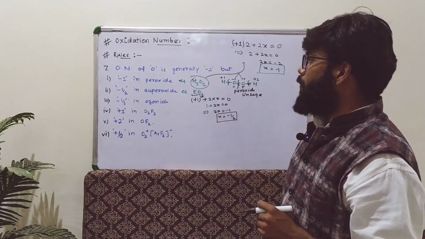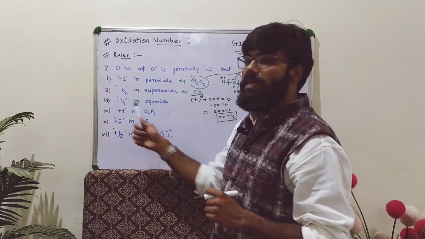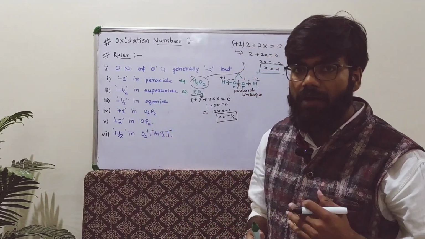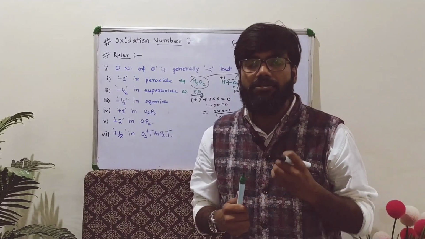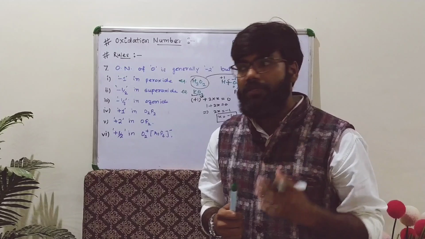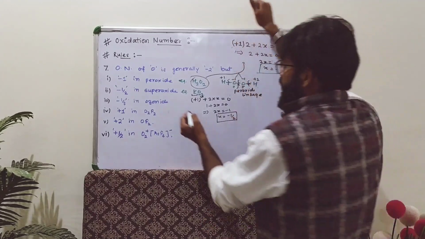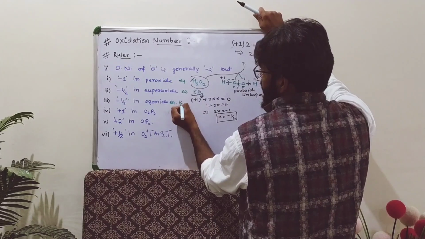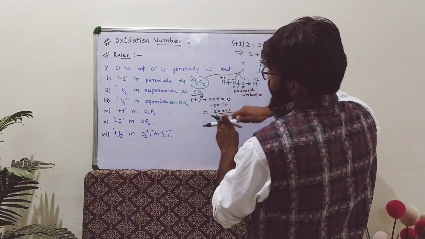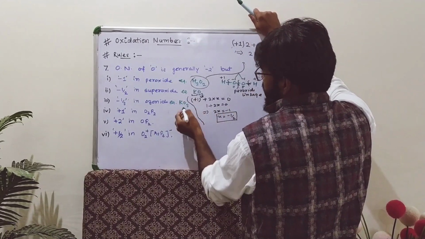Potassium superoxide. In ozonide form, oxygen has oxidation number -1/3. Let us take an example for this also. For example, KO3. Then we will follow the same rule. Then what will we get?